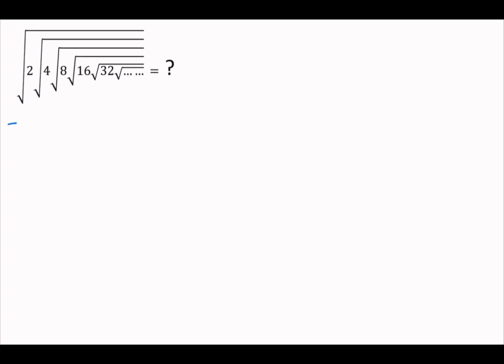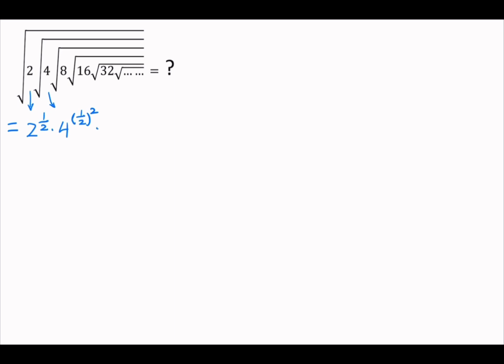This number equals, the first 2 here is 2 to the power of 1 over 2. And then the 4 here, because there are two square roots before 4, is 4 to the power of 1 over 2 and then squared.